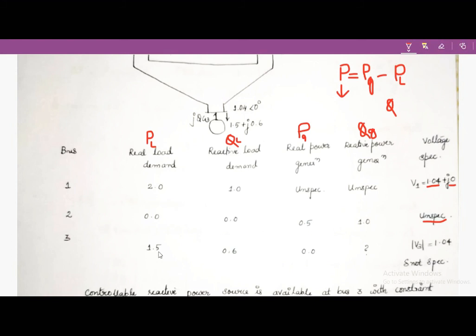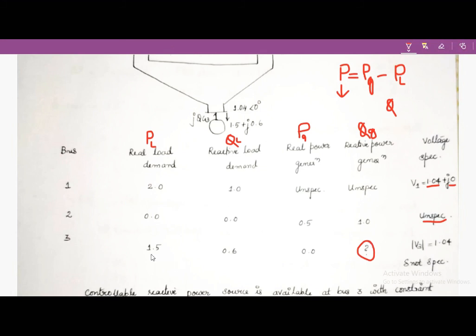Now coming to the third bus, load active power is 1.5, the generation is 0. So total active power means 0 minus 1.5, that is minus 1.5. Now coming to the reactive power, the generated reactive power is not given, whereas the load reactive power is given.